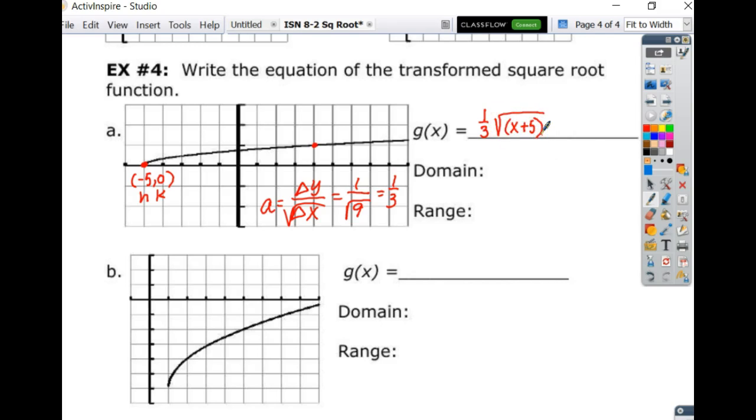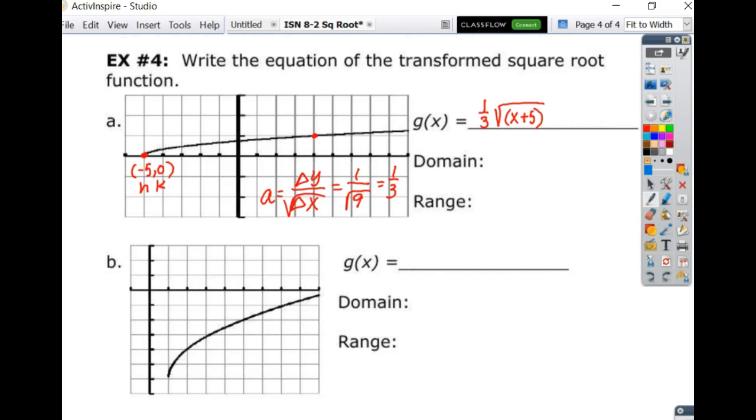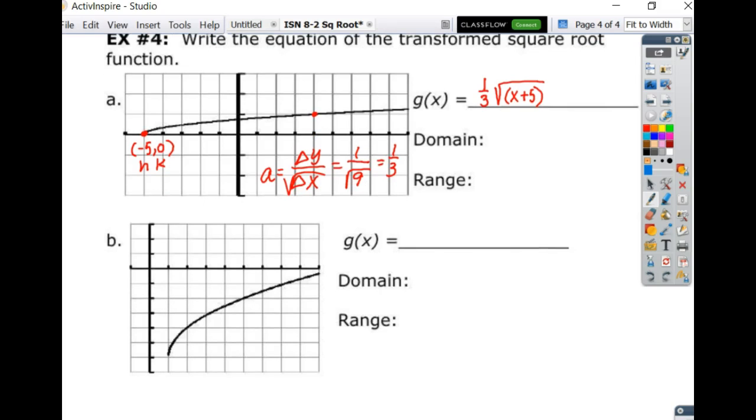And then do I have to put the plus 0 at the end? I don't. So what's the domain this time? Yes, ma'am. And? Yep.